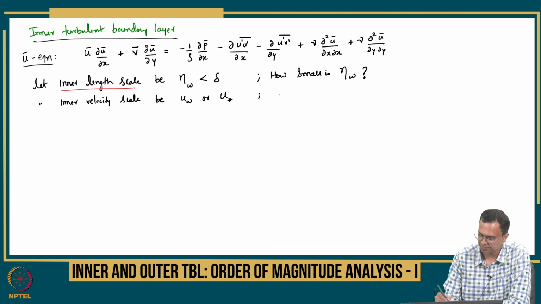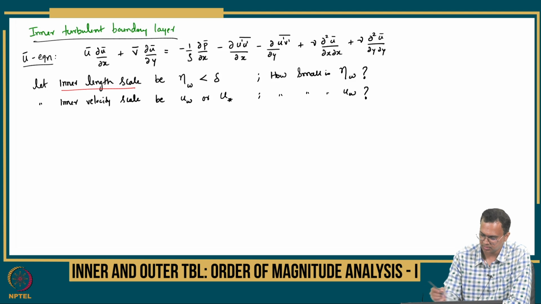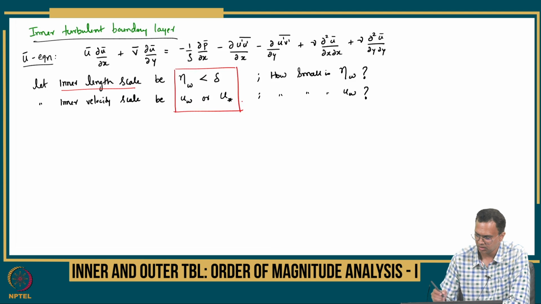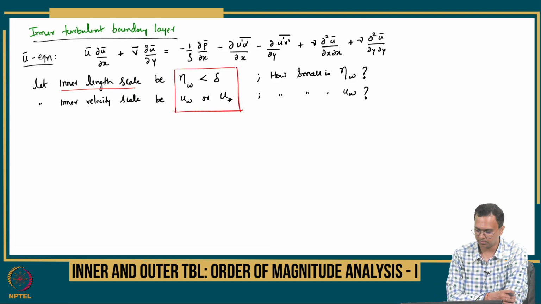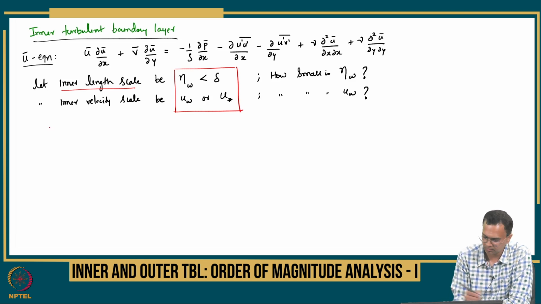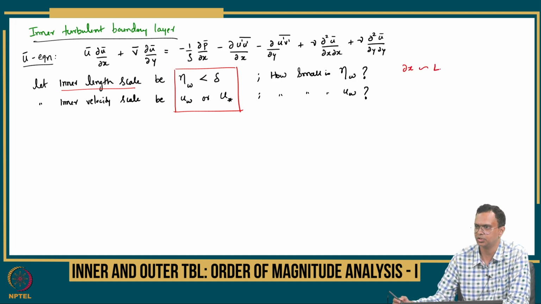Again, how small is UW? We retain a question mark. We will revisit how small this has to be. At least now we have these particular scales that we are going to use, eta W and UW. Now we have to make them for the length scales. For ∂x, I'm going to retain L because there is no change in the longitudinal direction, only in the lateral direction we chose a different scale, right?